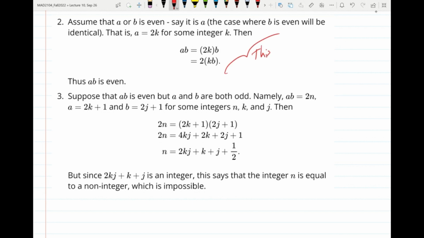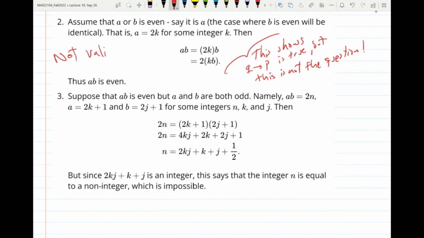So this shows Q implies P is true. But this is not the question. So this is not a valid proof. This doesn't prove what we are asked to do. Do you understand this?